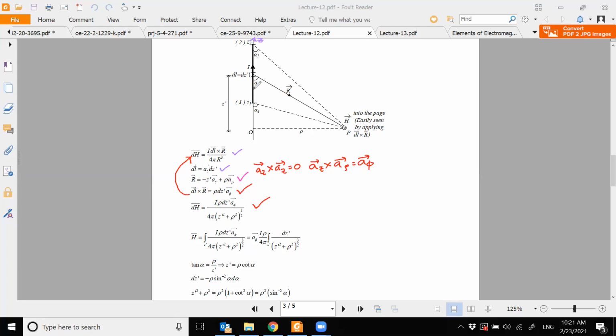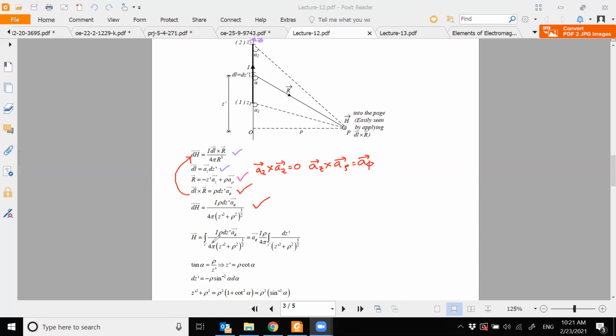Now for the complete line, we need to integrate it. So for H, we need to integrate over z' the expression I rho dz' a phi over 4 pi times z' squared plus rho squared to the power of 3 by 2.